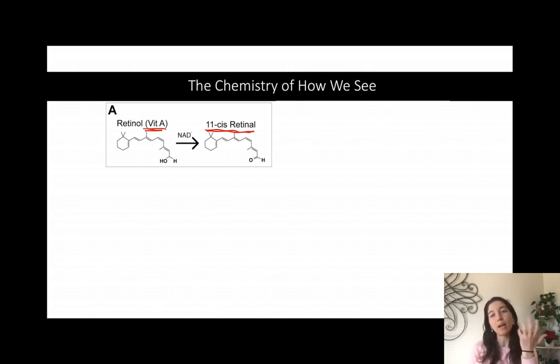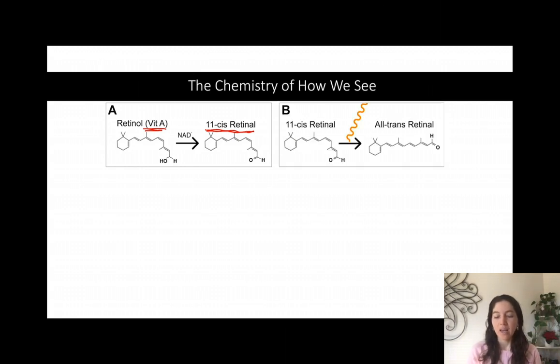How we are able to see things in the environment in front of our eyes is by the conversion of this cis-retinol molecule. So this is light incoming here. And when light hits this retinol molecule, it alters it, it changes it, it makes it into a new structure.